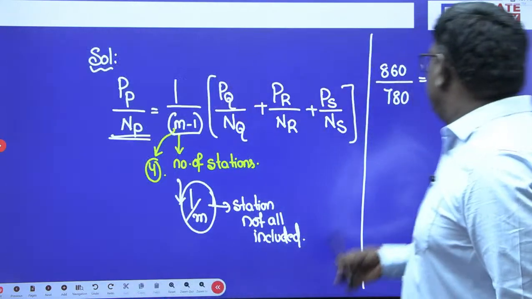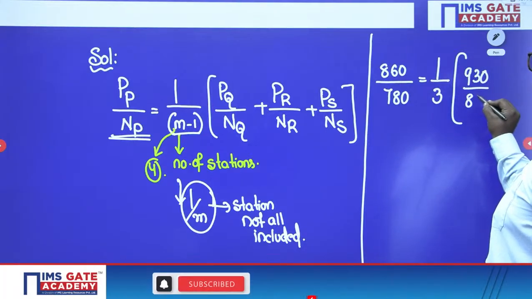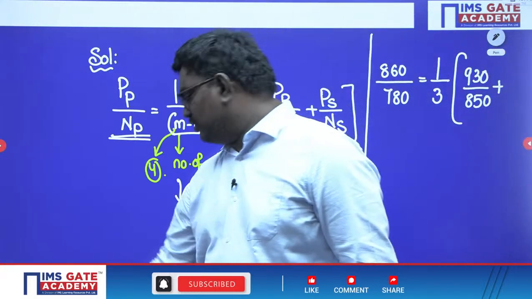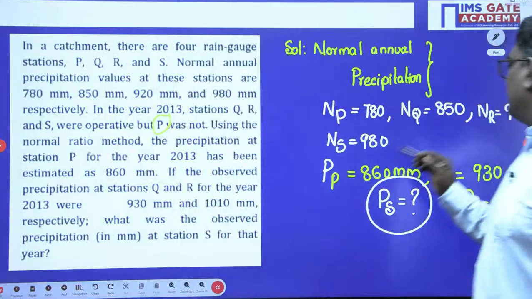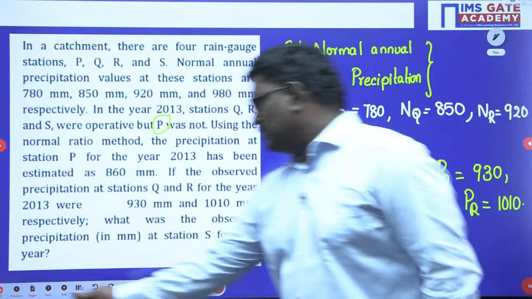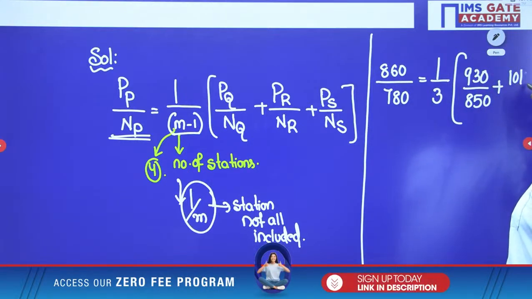So, you can write here 930 upon 850. This is Q. Next one we have is R. What is R? 920 and 1010. So, you can write here 1010 upon 920.